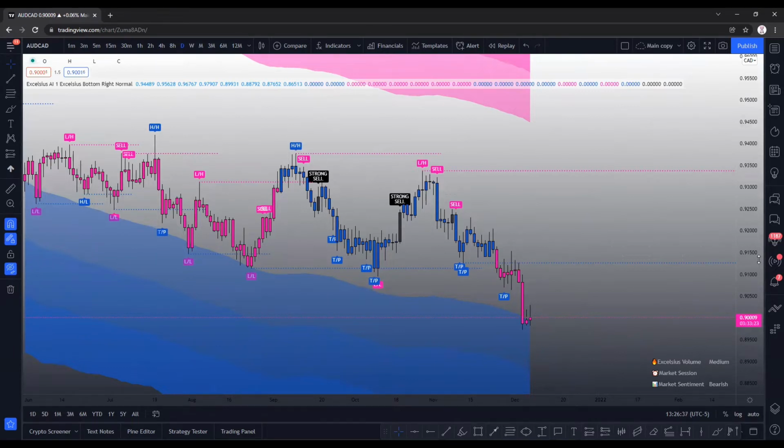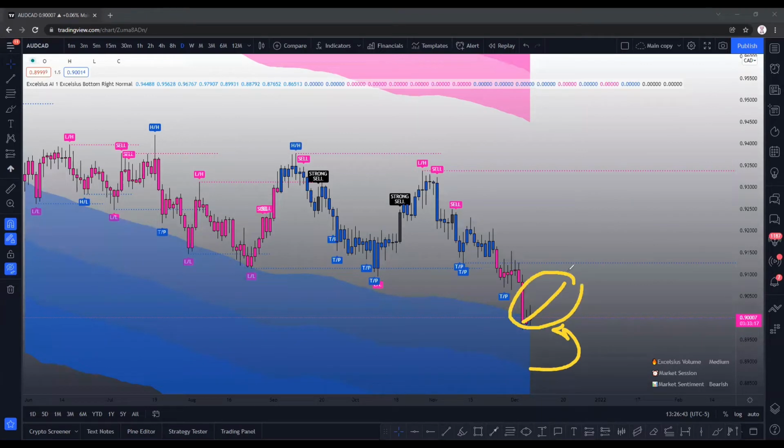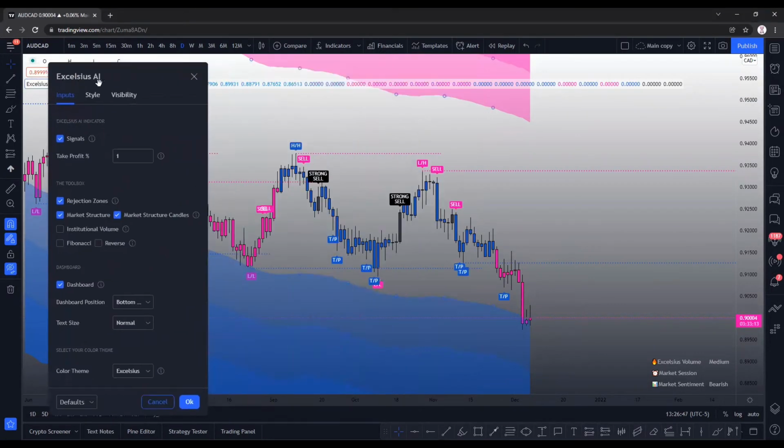However, I still didn't want to take away the flexibility for those that like to trade these counter short-term plays as well, which is why we made sure that there were ways for you to counteract in the event that you get these plays, that you can play these short-term plays. And that's through the use of the market structure, the rejection zones, and your other tools.